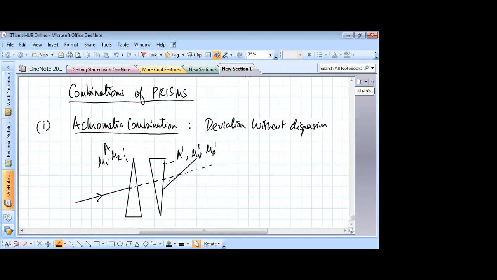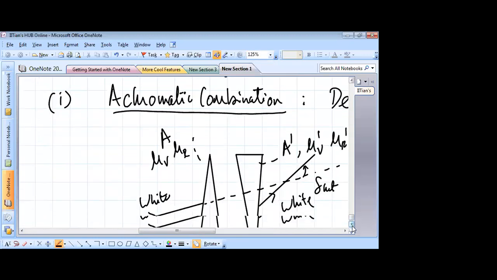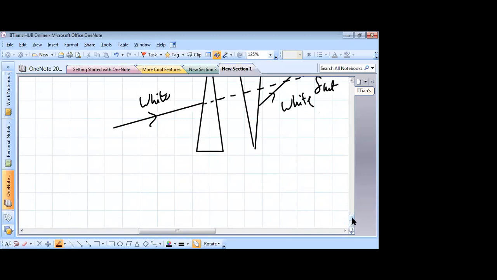Suppose incident white light is coming out like this. So there is some net deviation, but white light emerges as white light. So for that, what should happen is the splitting of light that has happened here, it should create a recombination in the second prism.